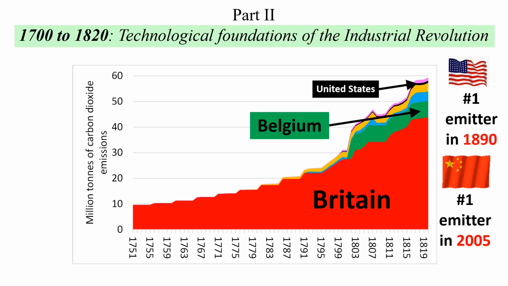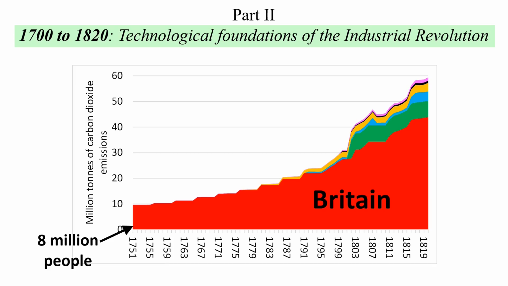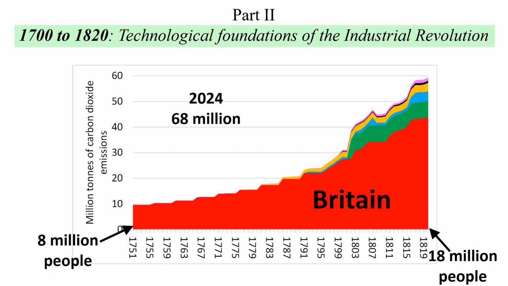Let's look a bit more closely at what was happening in Britain. We don't have good poverty data for this period, but what we do know is that the population of Britain increased from 8 million here to 18 million here. By the way, in 2024, the population of the country was 68 million. I get these historical population figures from another nice set of data that could be used in the classroom, though they are a bit more difficult to navigate than the PRIMAP-hist data.